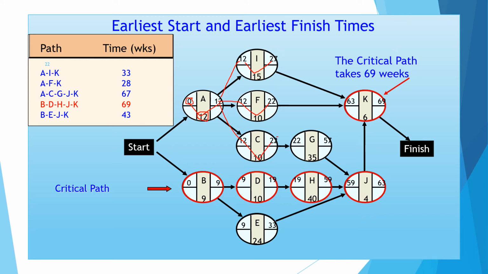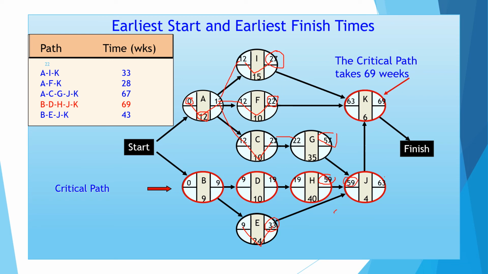And the earliest start time for the next activity is 22. But see here, we got 27, we got 22, and here in this case, we got 59. That means 0 plus 9, 9. 9 plus 24, 33. Here it is 33, here it is 59, here it is 57. But we used 59.